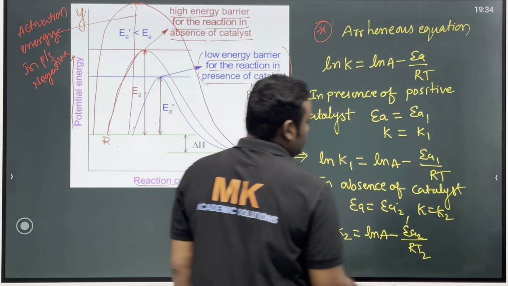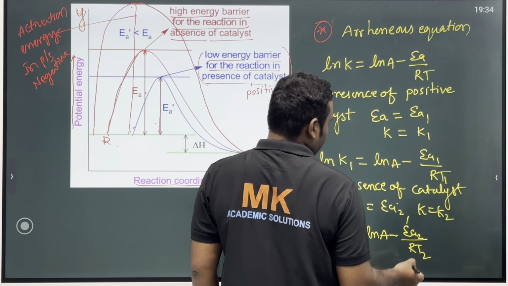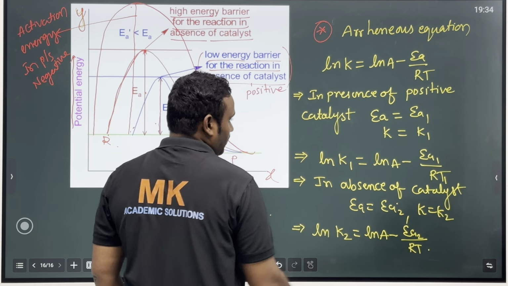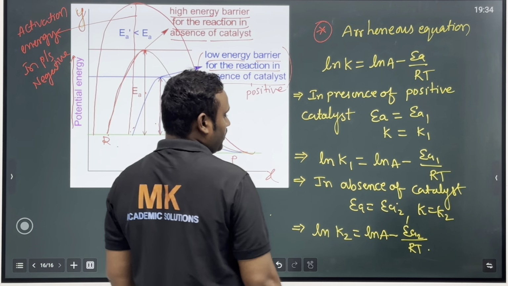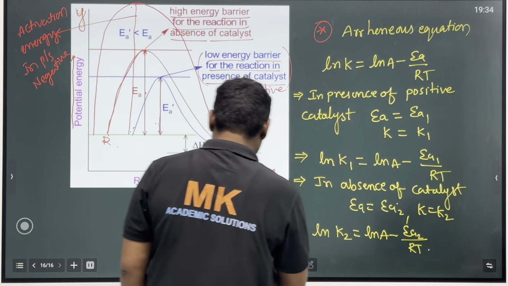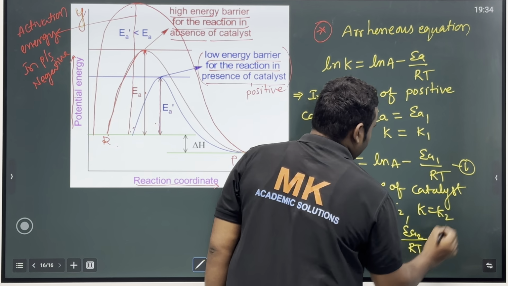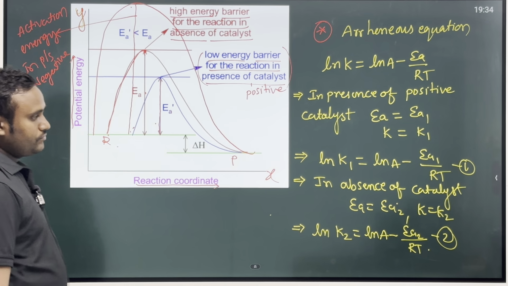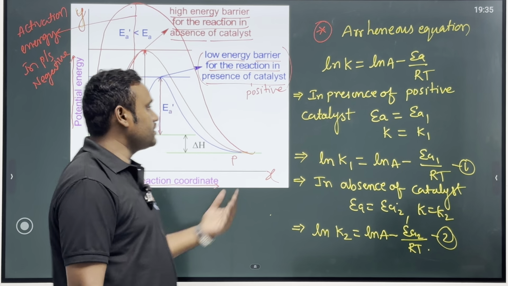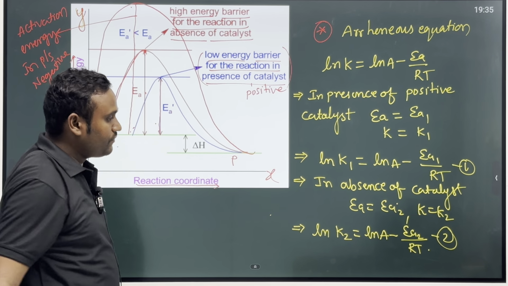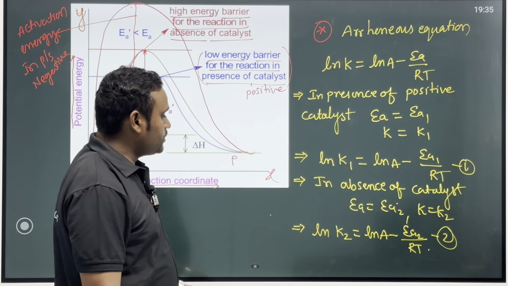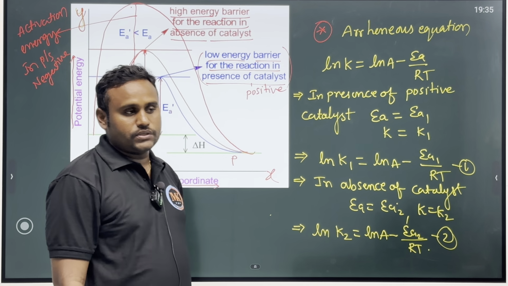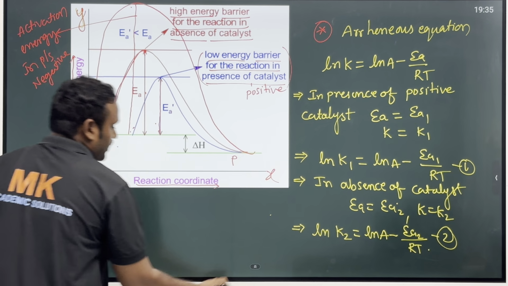Temperature is constant in every case, so this is also RT. Consider this as equation 1 and this as equation number 2. Now let us calculate the activation energy difference. When you know the activation energy difference, we can also calculate the difference between K1 and K2.